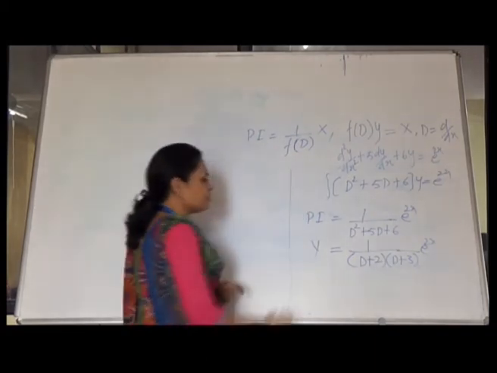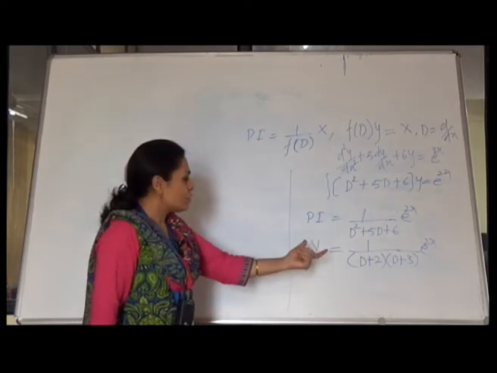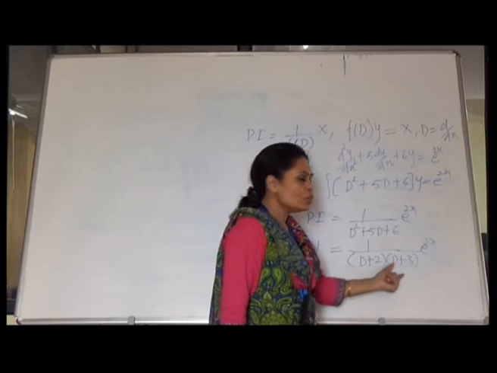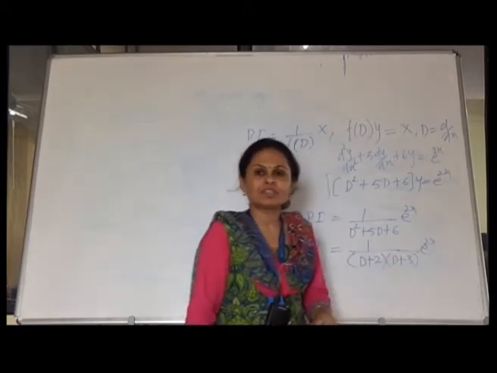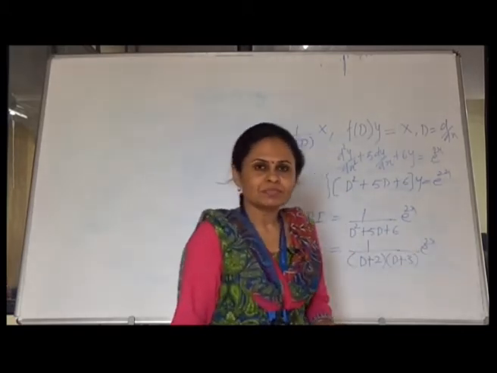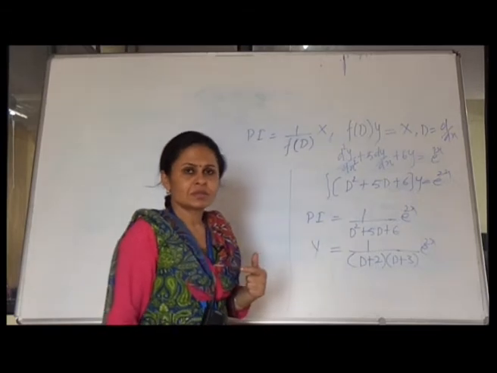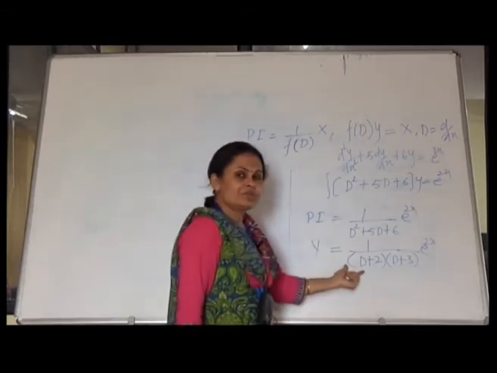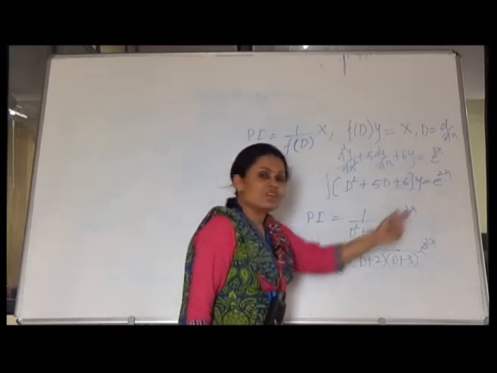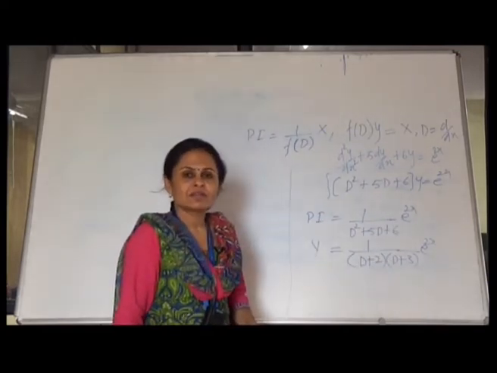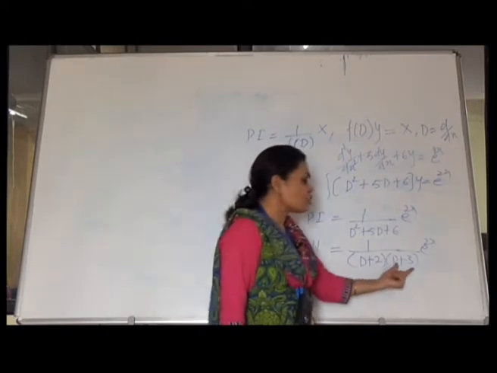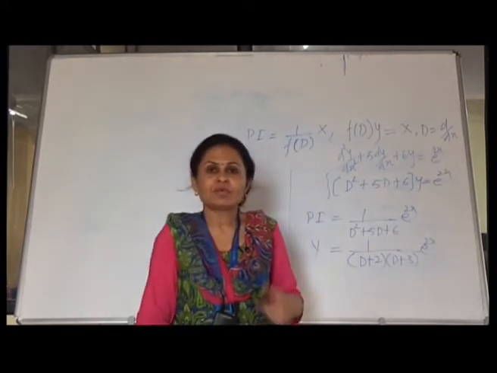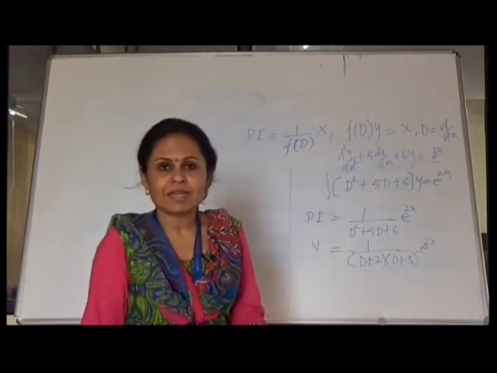If this is clear to you, if I go reverse way, I am having two linear operators to be operated on this particular function, that is e raised to 2x. How do we do this? To do this, we take one by one operation on this function, e raised to 2x. For example, if I am first operating d plus 3 on this e raised to 2x, what is the meaning of 1 upon d plus 3?